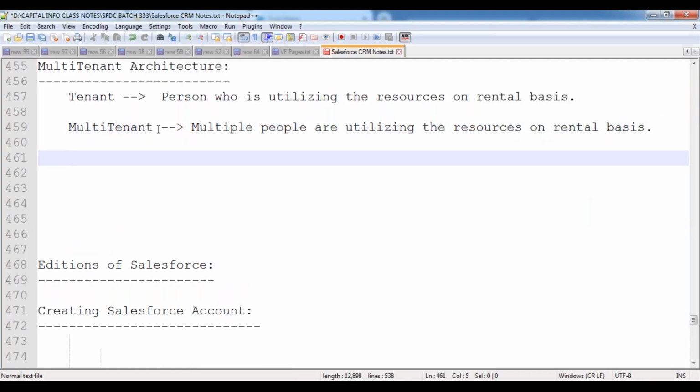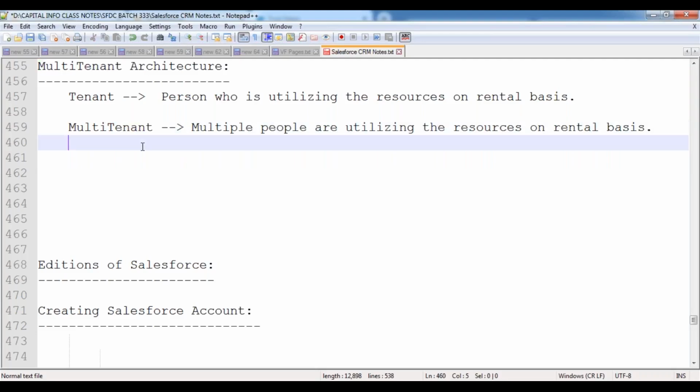Those people are called multi-tenants. A tenant means the person who is utilizing the resource on rental basis. That may be an individual person or an organization. Multi-tenant means multiple people or multiple organizations utilizing the resources on rental basis.